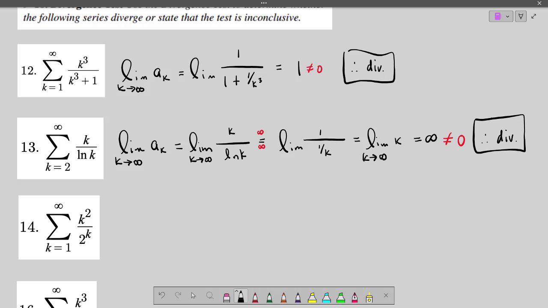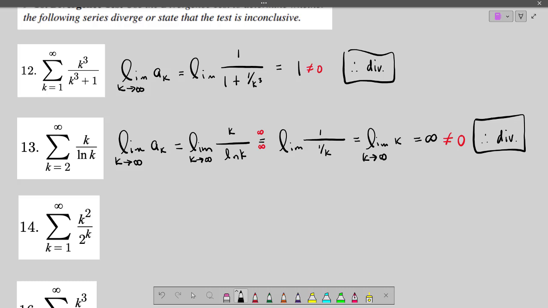So in our mind here, there's a couple of things that we want to be doing. When we see fractions, we sort of want to think about the pace at which things go to infinity. When we look here, the numerator is a cubic, the denominator is a cubic. They're going to infinity at the same rate. The only way we can get a limit of 0 is if the denominator is going to infinity faster. When we look here, the numerator is going to infinity at whatever pace.